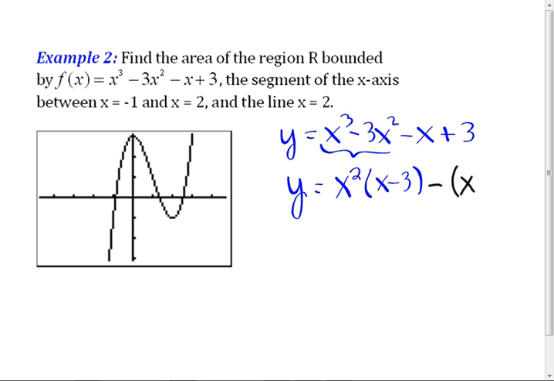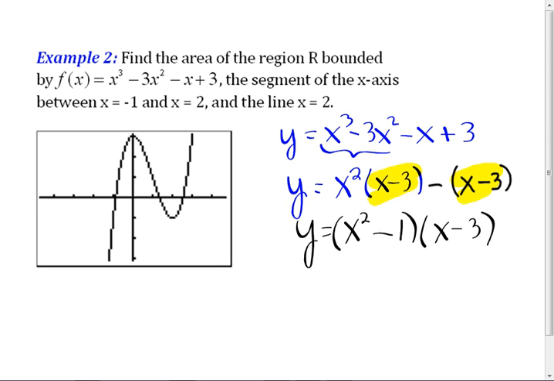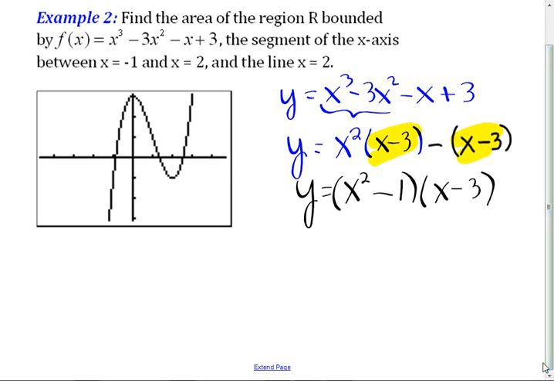And then it's x minus 3. And now I have a greatest common factor of x minus 3 here. So I get y equals x squared minus 1 times x minus 3. And that factors further. So that's why I know that that graph is wrong. You are not going to be expected to be able to do this kind of factoring. I think that has gone away.